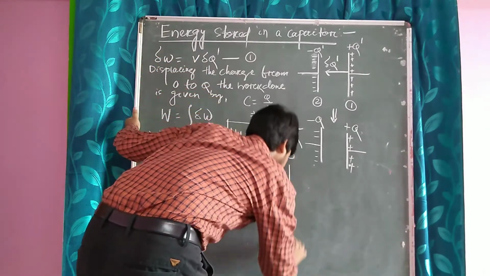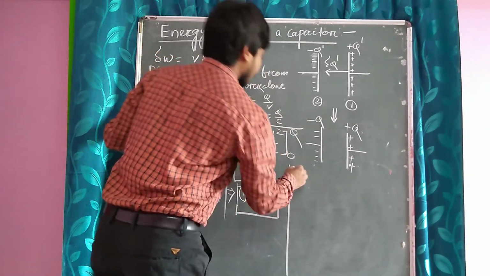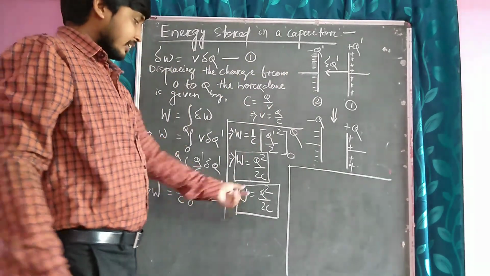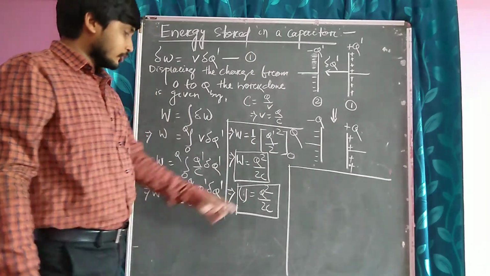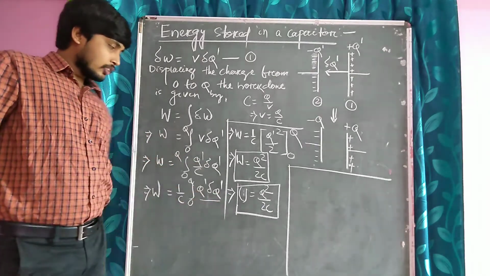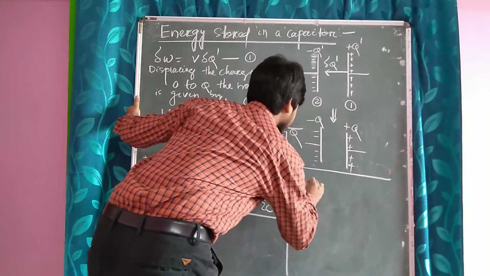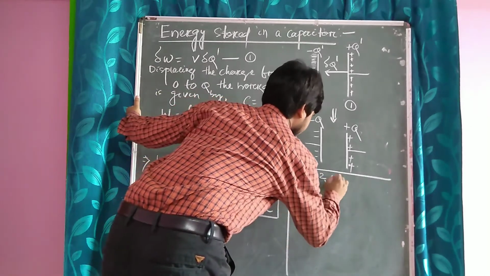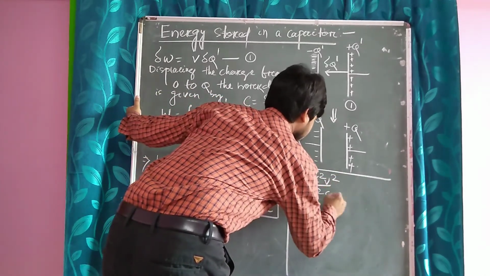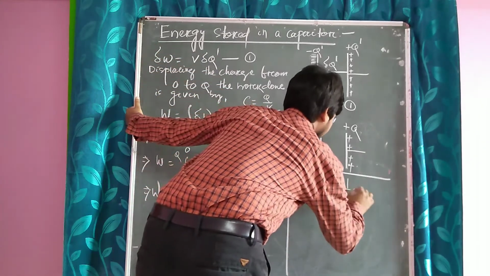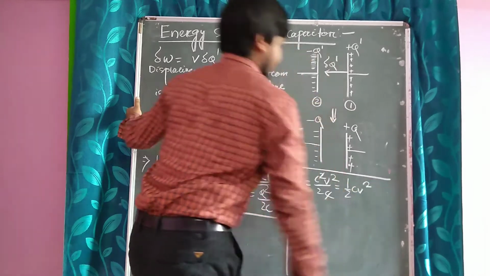Similarly, if I want to write the other forms of this potential energy, I can say this U is equal to Q square by 2C, and Q is equal to CV. So you will get U is equal to C square V square by 2C. One C will be cancelled and that will be equal to half CV square.